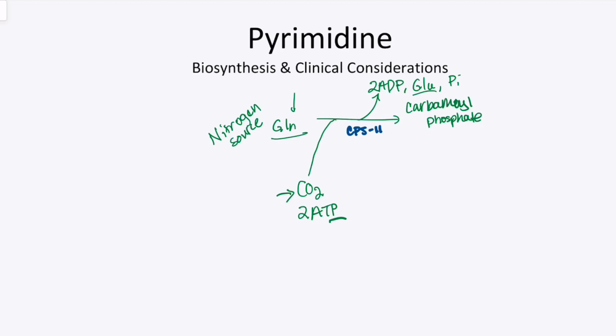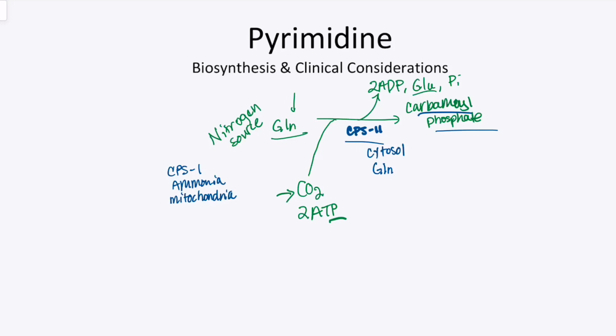I do want to take note here that there are multiple enzymes called CPS. Obviously, if we have a CPS2, we also have to have a CPS1, right? So the difference being is that CPS2 is mainly working in the cytosol. And obviously we know that it's using glutamine as its nitrogen source. It is creating carbamoyl phosphate, and CPS1 actually does create carbamoyl phosphate as well, but it uses ammonia as its nitrogen source, and also is occurring in the mitochondria.